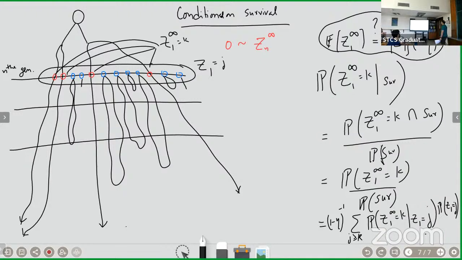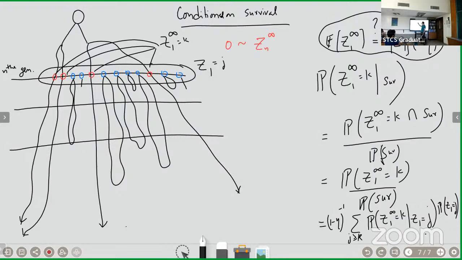So what is very interesting? 1 minus eta to the power K. J choose K, there are many possibilities in which you can do this. So J choose K possibilities are getting there. Each of them is basically a process with independent points, each with probability 1 minus eta.